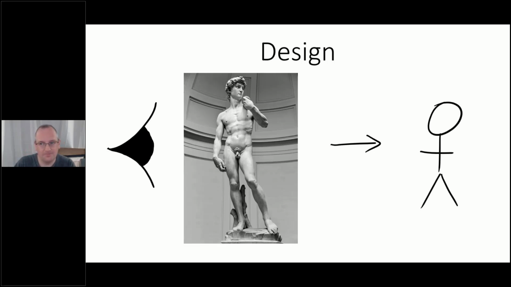It may well be, but just being accurate isn't art. Likewise, in computing, we don't try to be completely accurate about what we're modeling because we need to lose things. I've shown here the statue and then a stickman.